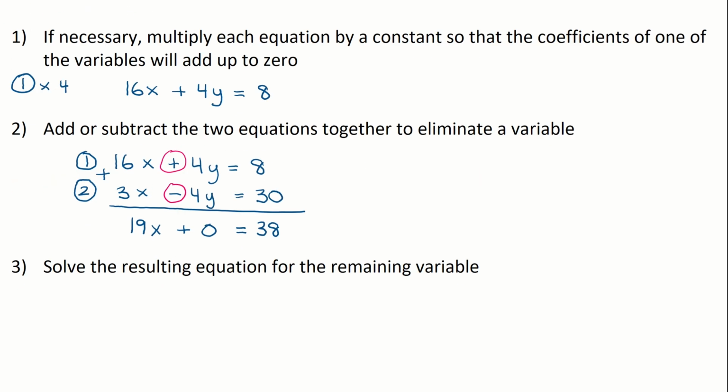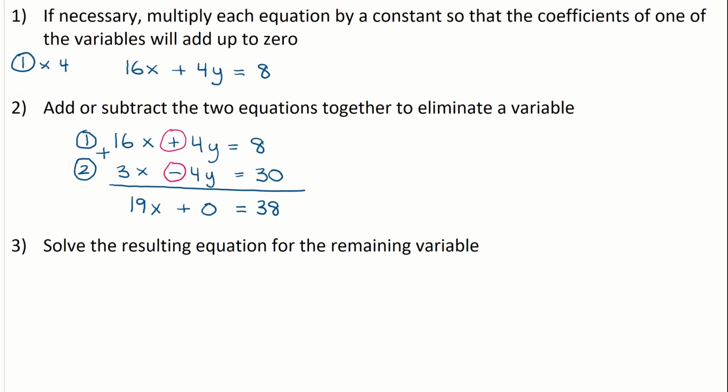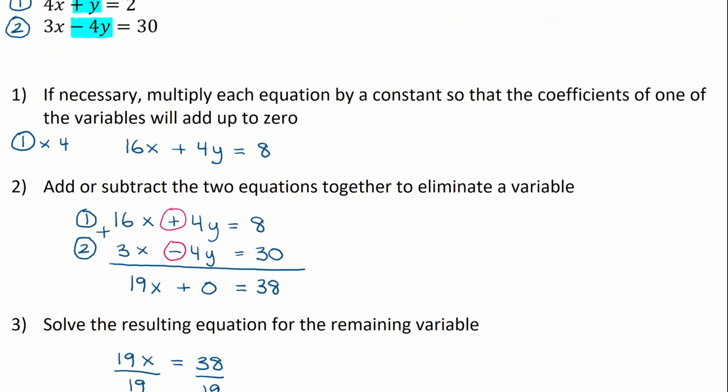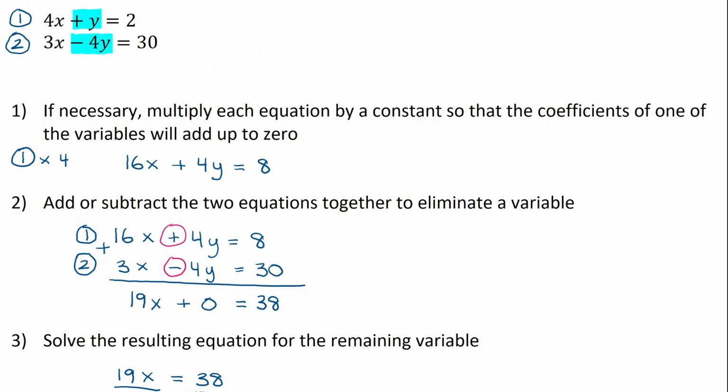Then we can take that equation and solve it for the remaining variable. So we have 19x is equal to 38, and we can divide both sides by 19 to give you x is equal to 2. After that, we take x is equal to 2 and plug it into either of these equations.